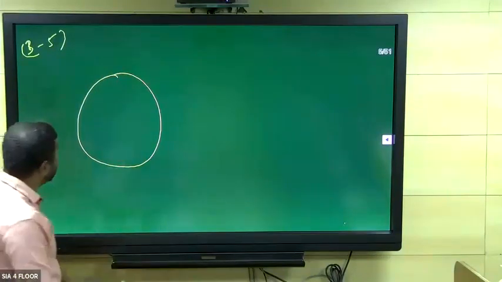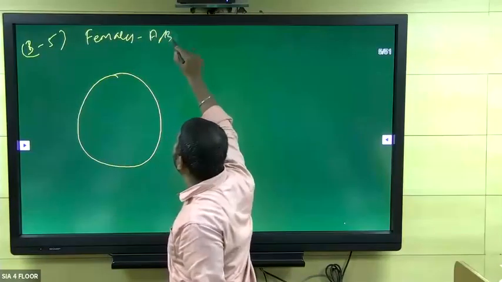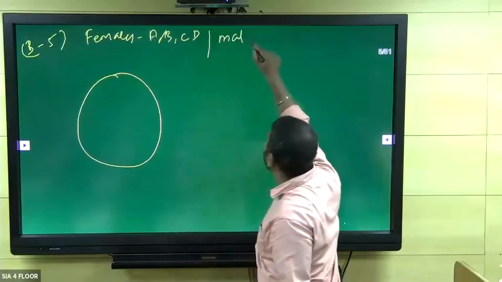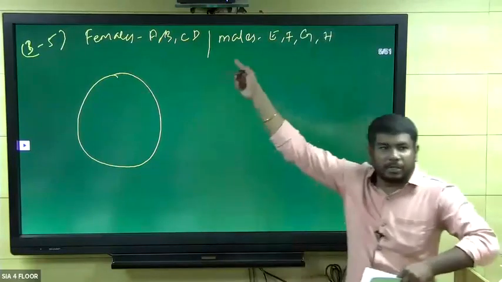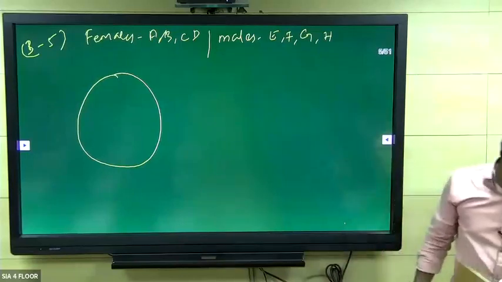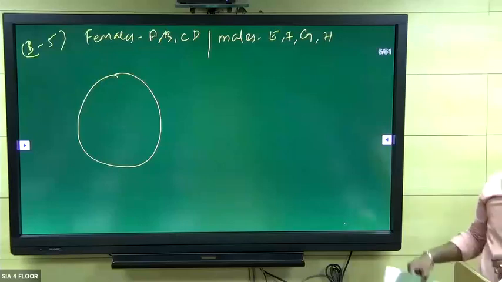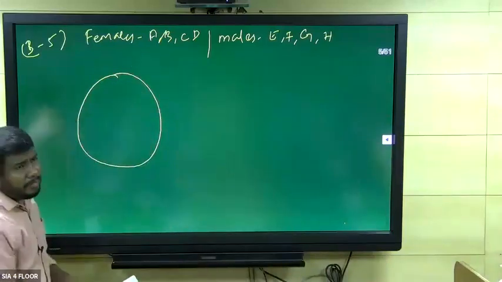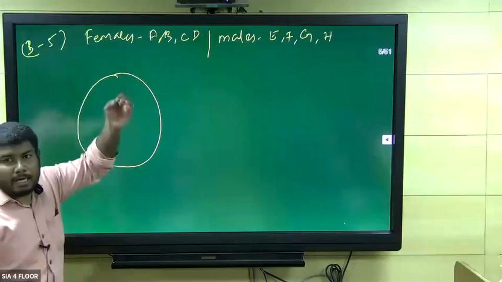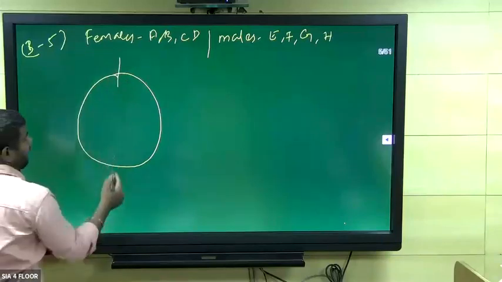How many persons are there? Four females A, B, C, and D, and four males E, F, G, H. So how many persons in total? Eight persons. If the given number of persons is an even number, we should draw the lines one exactly opposite to the other.